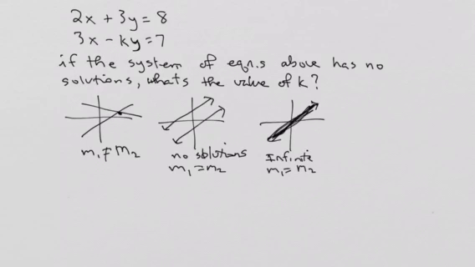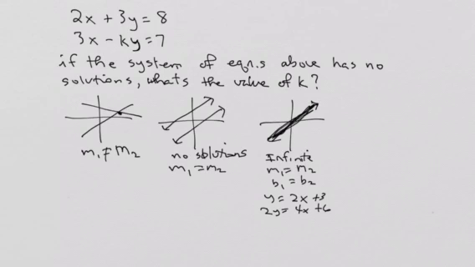One might be a multiple of the other. In other words, you might have one line that's y equals 2x plus 3, and another line that's 2y equals 4x plus 6. But they're the same, they'd be the same line.